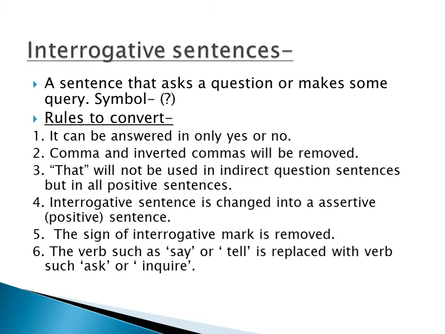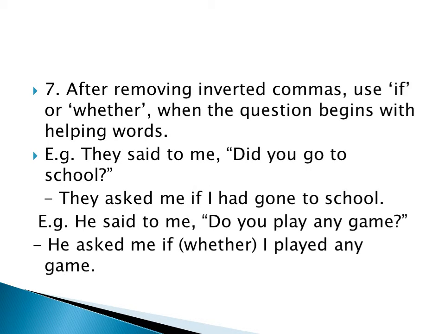Interrogative sentence is changed into assertive sentence. The sign of interrogative mark is removed. The verb such as say or tell is replaced with verbs such as ask or inquire. After removing inverted commas, use if or whether when the question begins with helping words.